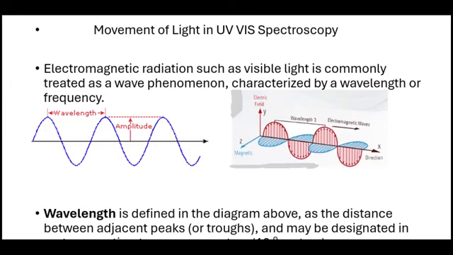The movement of light in UV spectroscopy: electromagnetic radiation such as visible light is commonly treated as a wave phenomenon characterized by a wavelength or frequency.